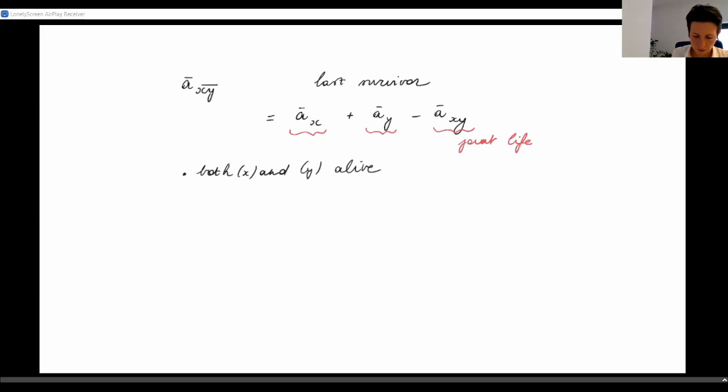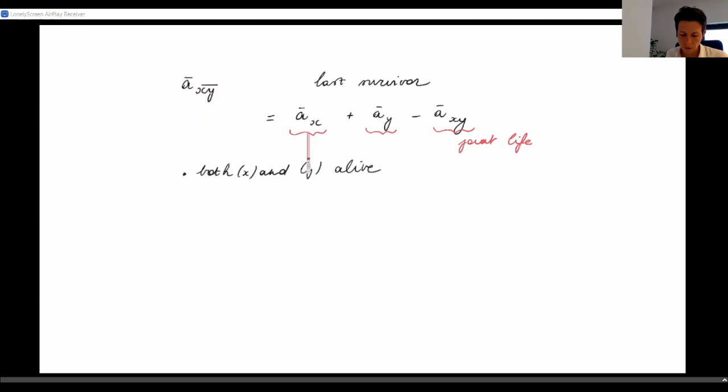What's going to happen then is that I've got an income, or a cash flow, of 1 in continuous time in the product that is issued to the last survivor status. So if they're both alive, then I'll receive an income at a rate of 1 per year continuously.